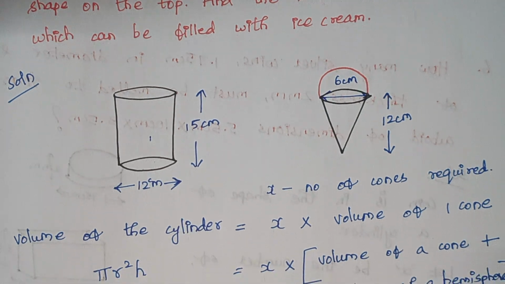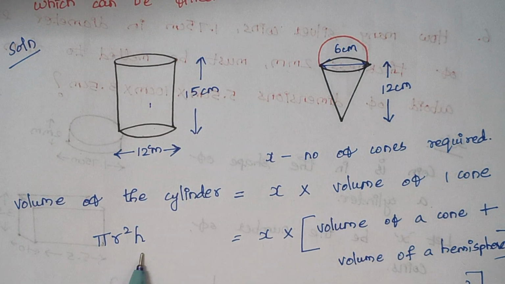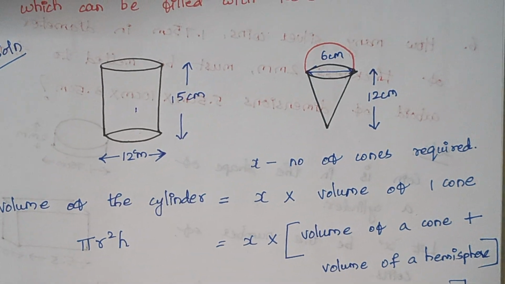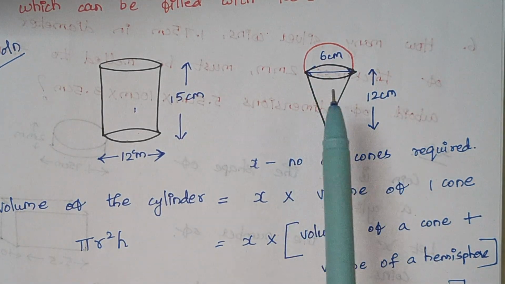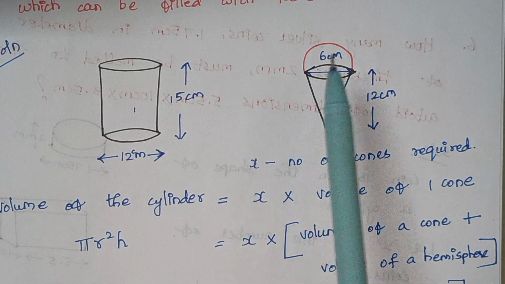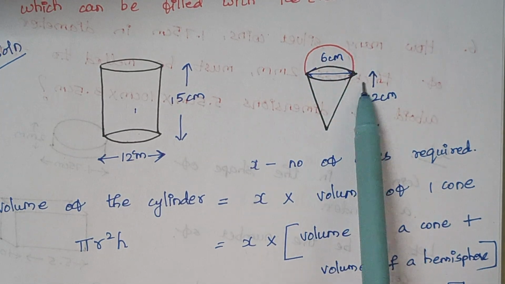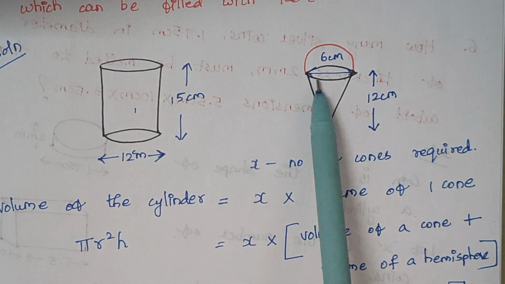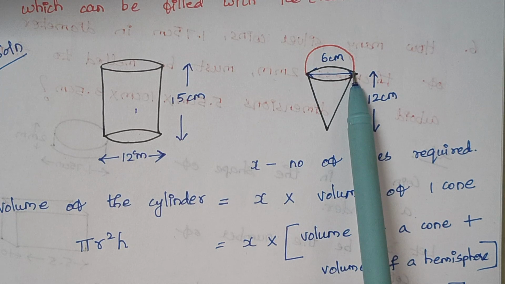Now the volume of the cylinder is given by the formula pi r square h, and here volume of a cone. So how does this cone look like? This cone has the shape of a cone as well as a hemisphere. So volume of a single cone includes volume of a cone by shape and volume of a hemisphere.